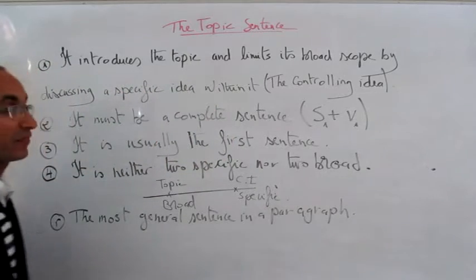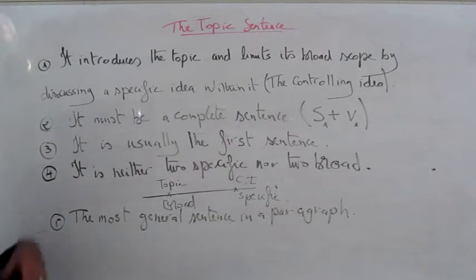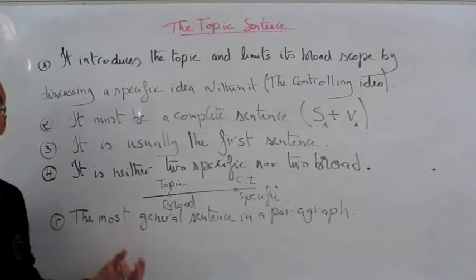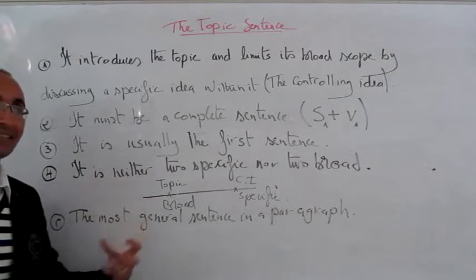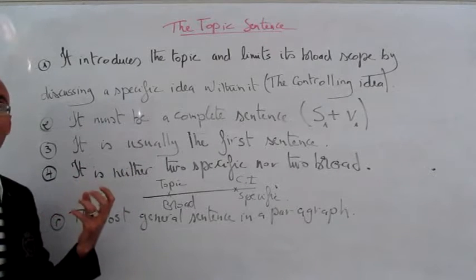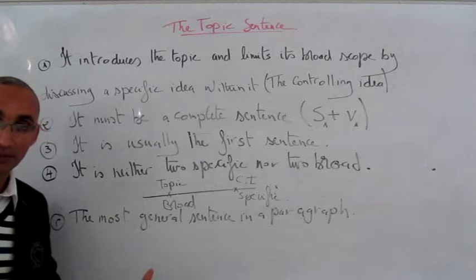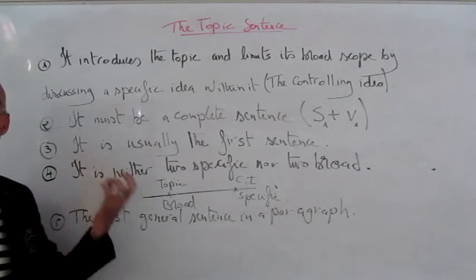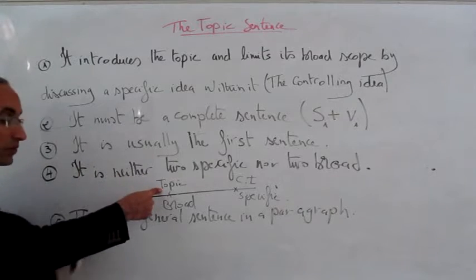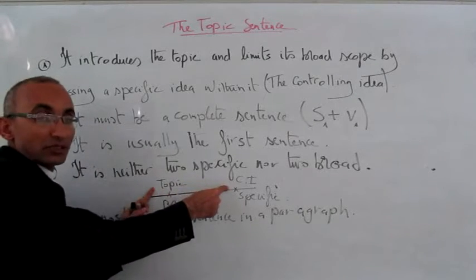Now, as you know, in this topic sentence we are not allowed or required to give any details, or any explanation, or any kind of examples about the topic. We just touch the topic and limit its range. That's all.